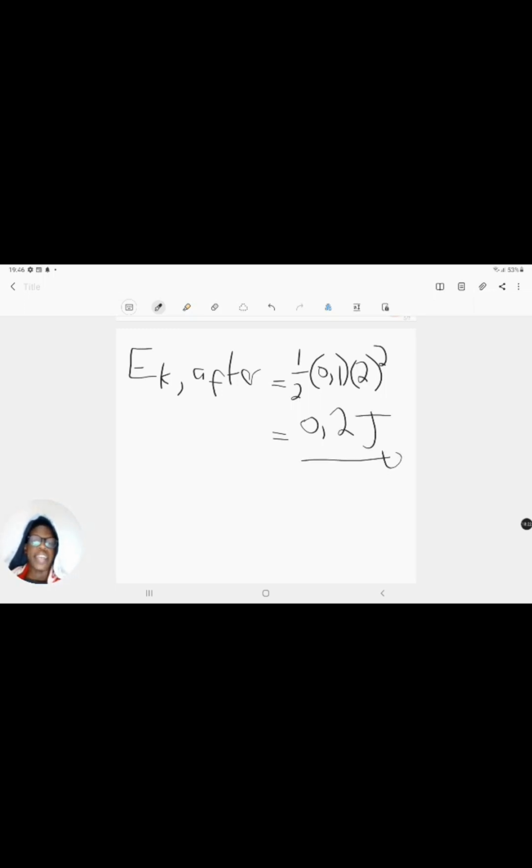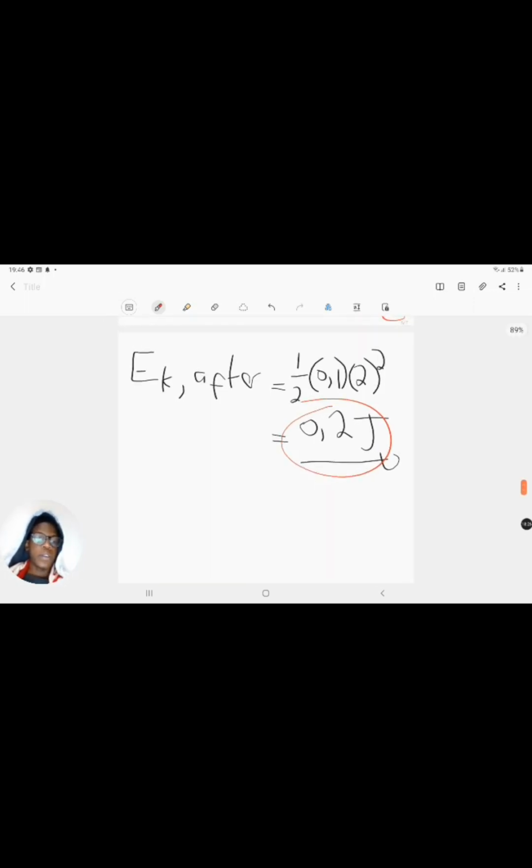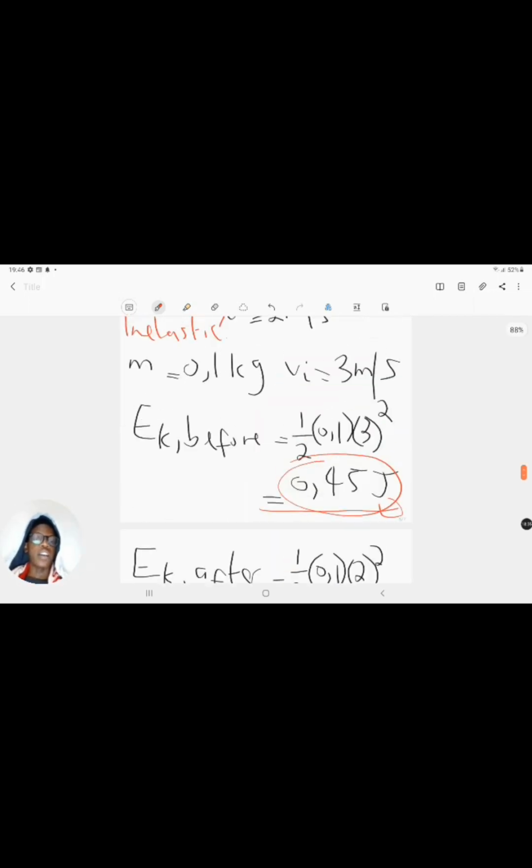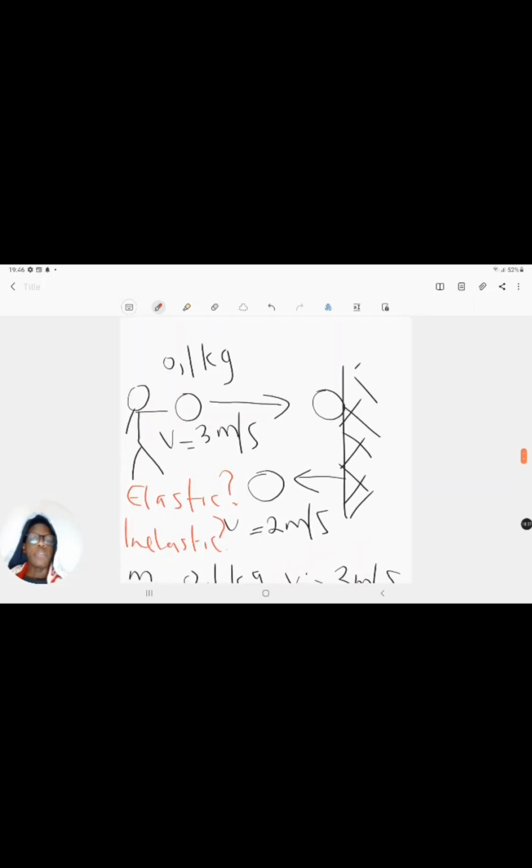Now you will notice that this energy is less than that energy. They're not the same. The kinetic energy before is not the same as the kinetic energy after. Why are they not the same? Well, because we threw the ball, it hit the wall, and it made a sound, the thud that the ball makes when it hits the wall. It takes some energy to release sound, so some energy was released to make that sound.